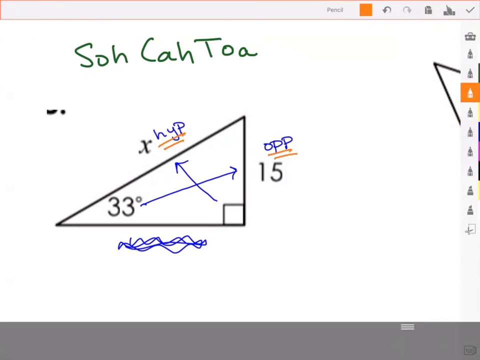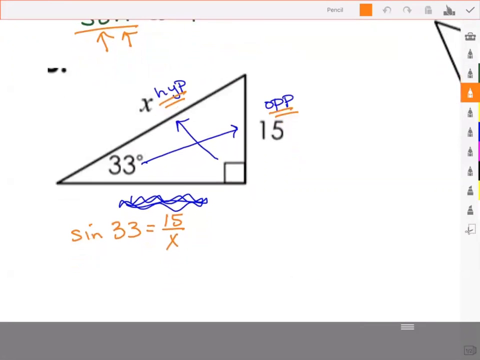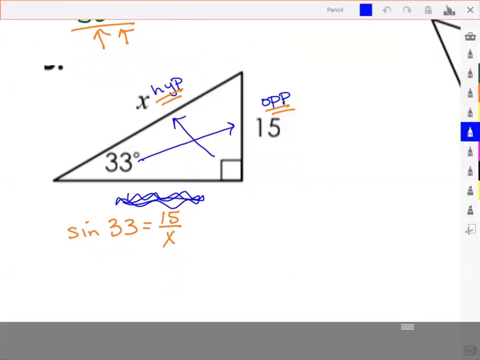Which trig ratio has hypotenuse and opposite? Sine does. So sine of 33, my angle measure, equals opposite on top, in this case 15, and hypotenuse underneath, in this case X. All right, I'm going to cross multiply.